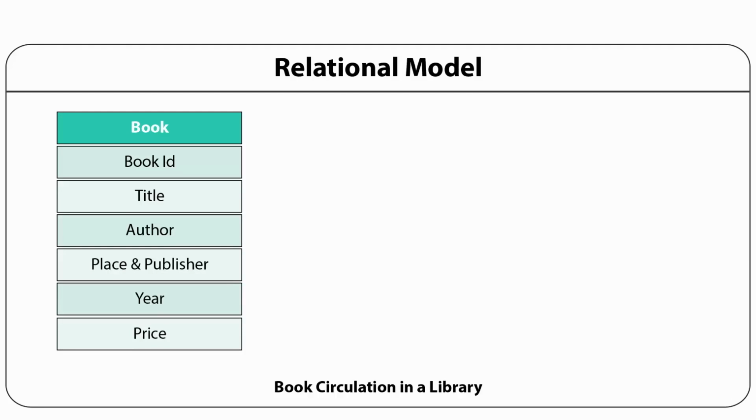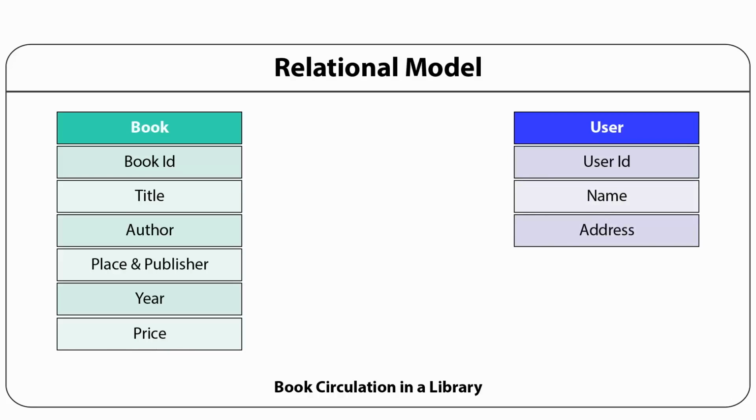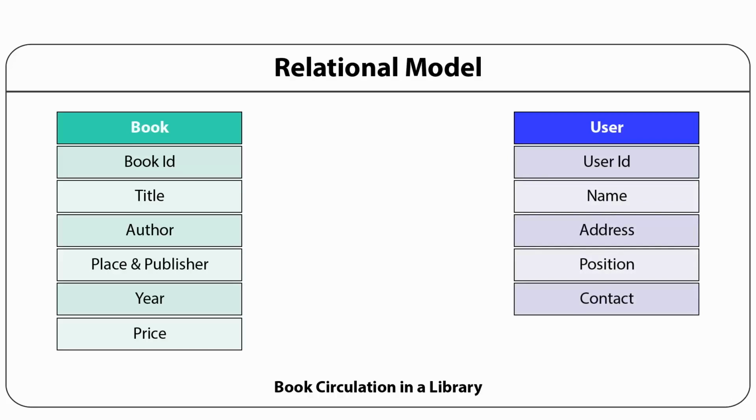There is another table called the user table where user information is stored. We have user ID, name, address of a person, position held by him, and his contact details. So these are the two primary tables we have.